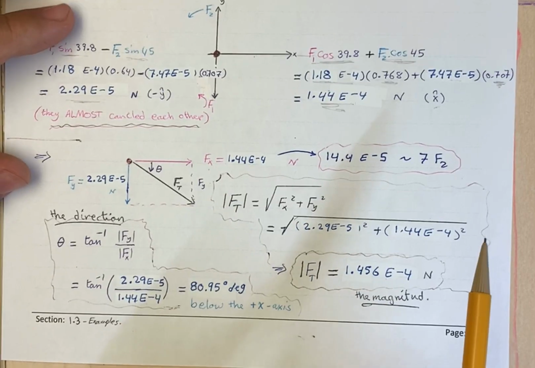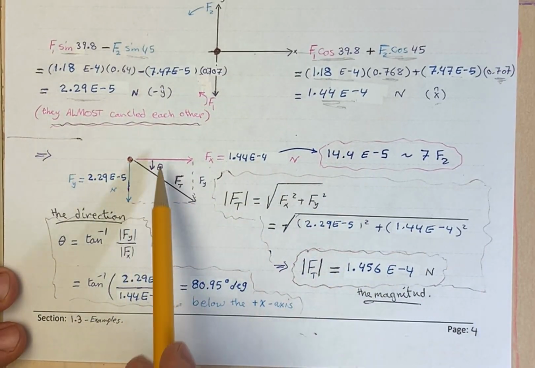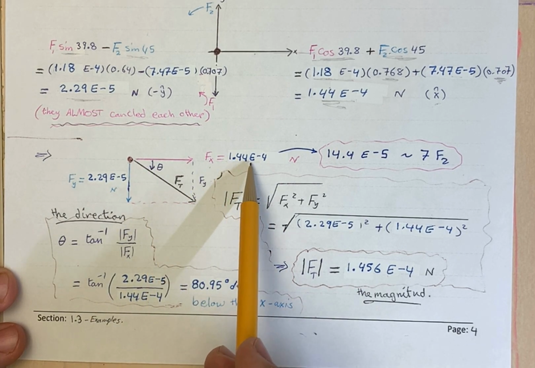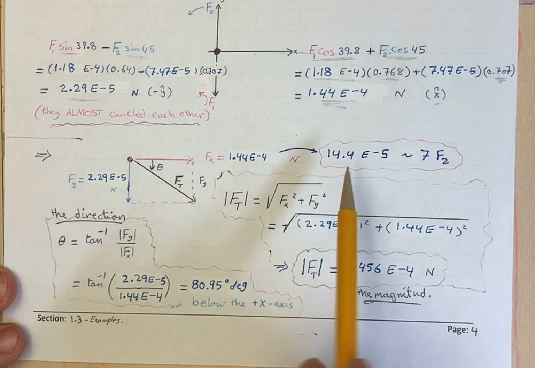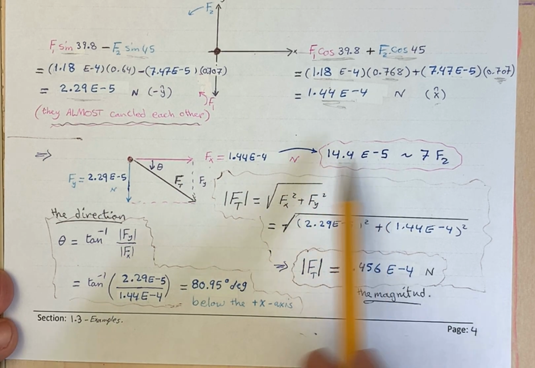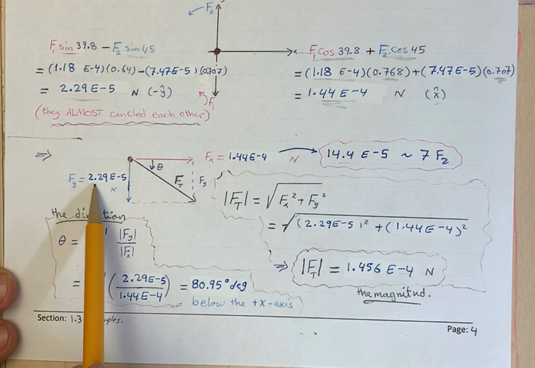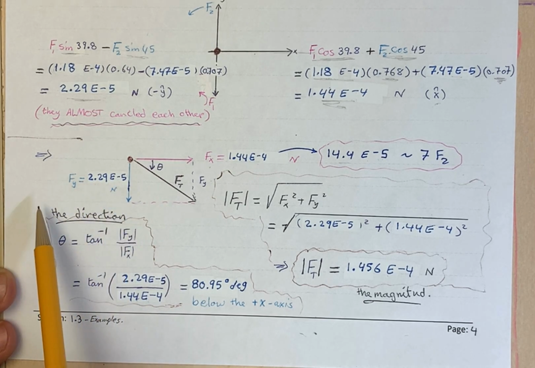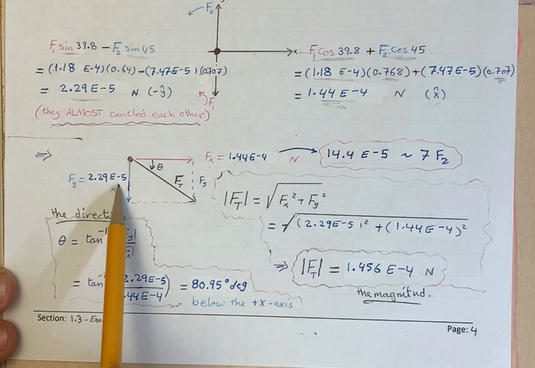Now let us go further and draw our forces. For F1, the x component is 1.44 times 10 to the negative 4, which is 14 times 10 to the negative 5. The second force is 2.29 times 10 to the negative 5.